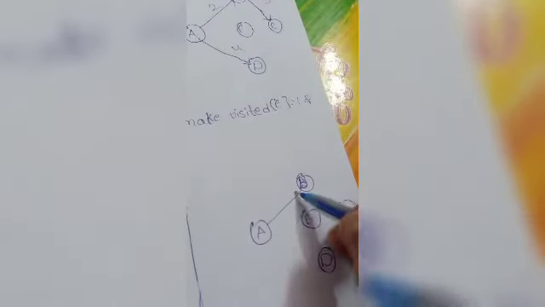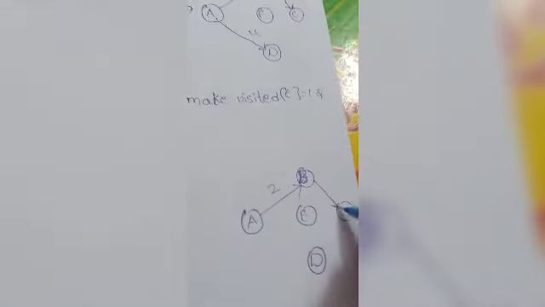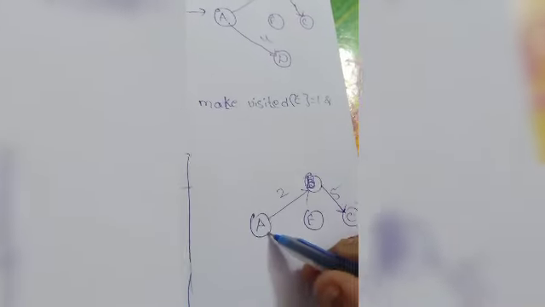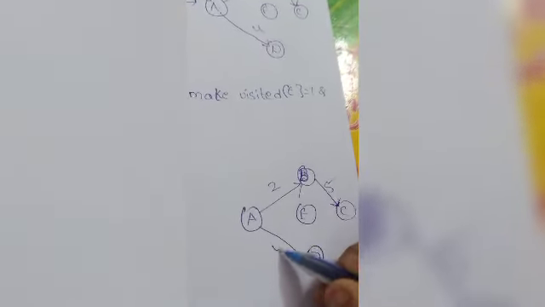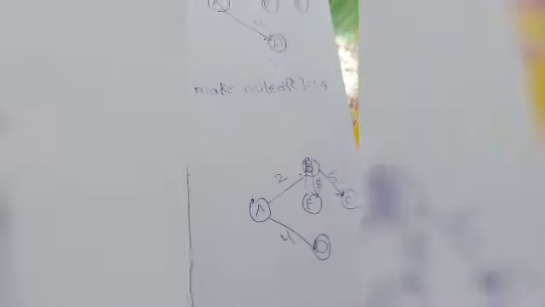And in the next step, E is the only one that should be visited. So make visited of E equal to 1. So all are visited, there is no change in the path or distance. So the path is A to B which has 2, and B to C which has the weight 5, and A to D which has 4, and B to E which has an edge of 8.